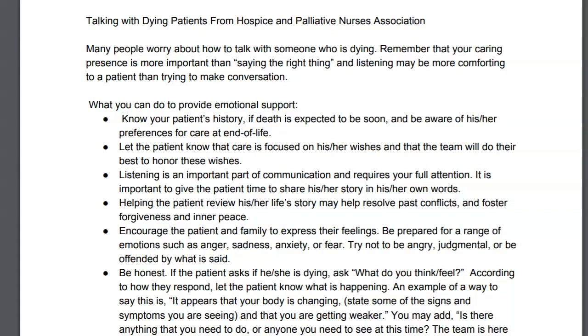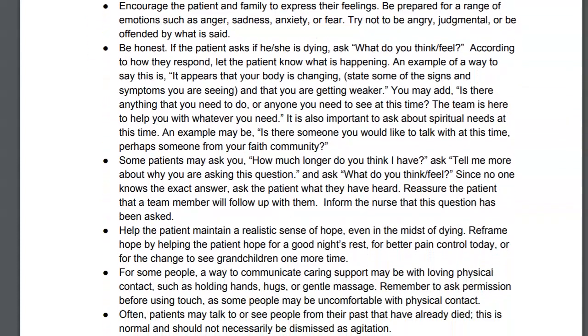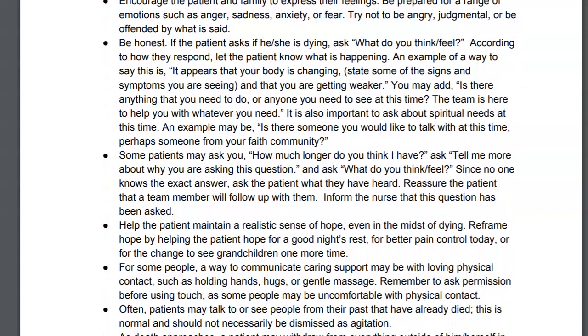Encourage the patient and family to express their feelings. Be prepared for a range of emotions such as anger, sadness, anxiety, or fear. Try not to be angry, judgmental, or be offended by what is said. Be honest. Some patients may ask you, "How much longer do you think I have?"